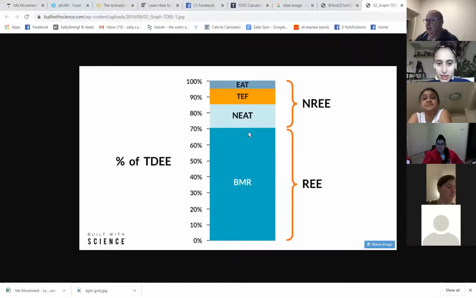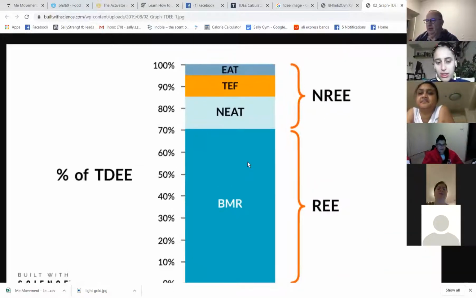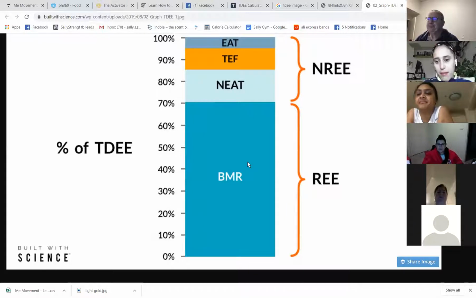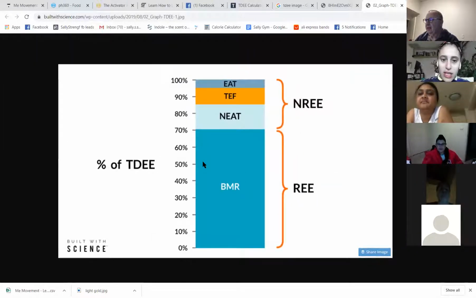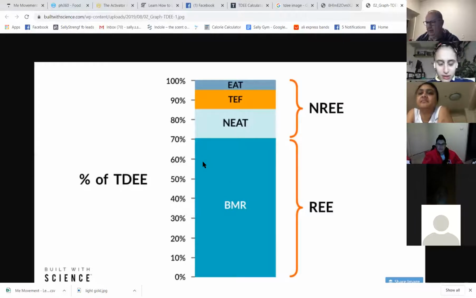So if you look at this, can you see this image? Yeah. This is BMR, basal metabolic rate. Out of all the calories, we could just say 100%, all that on the left. Out of all the calories, your basal metabolic rate takes up 70%.